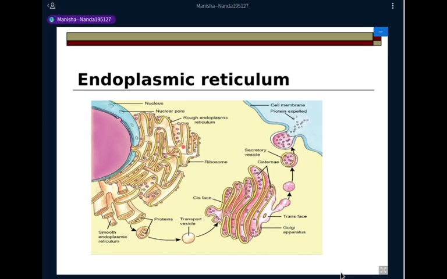Okay, now sometimes it is shown in diagrams dissociated from the nucleus, and sometimes it is shown in continuation to the nuclear membrane. The reason being that if we talk of the biogenesis of the endoplasmic reticulum, it is said that it has actually originated from the outer nuclear envelope only.